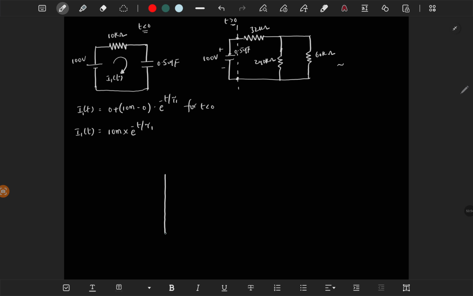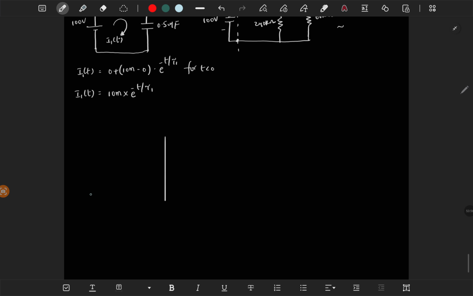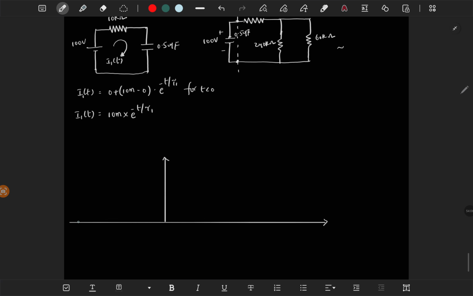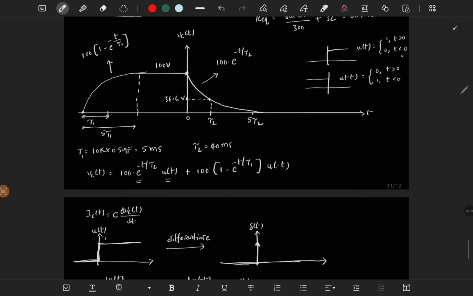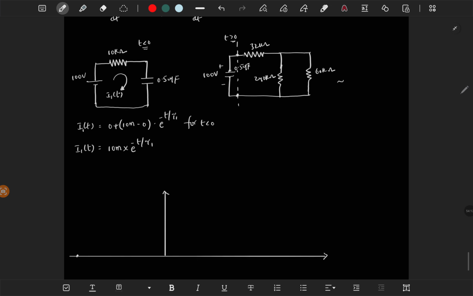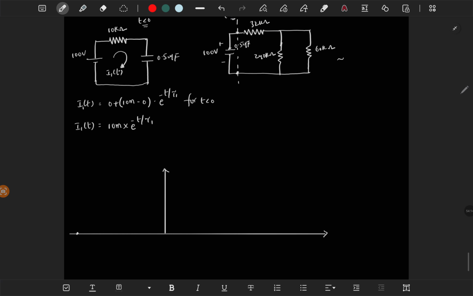So if you draw the graphs, then you will have some idea of what is going on in the circuit rather than writing the equations. Let's say we have applied that 100 volt at this point, and at this point it is 10 milliamps.